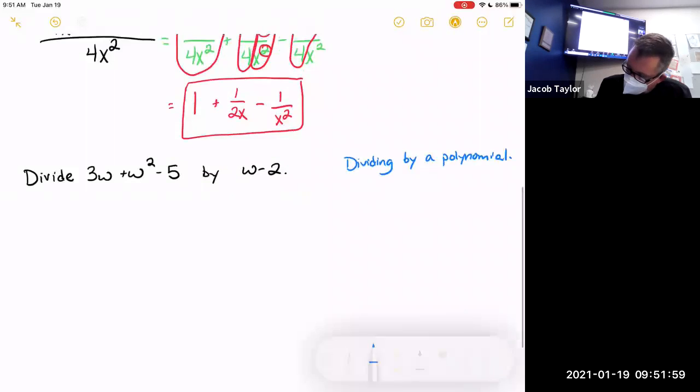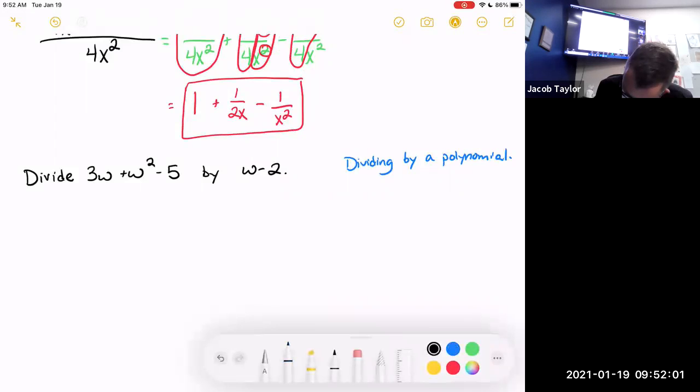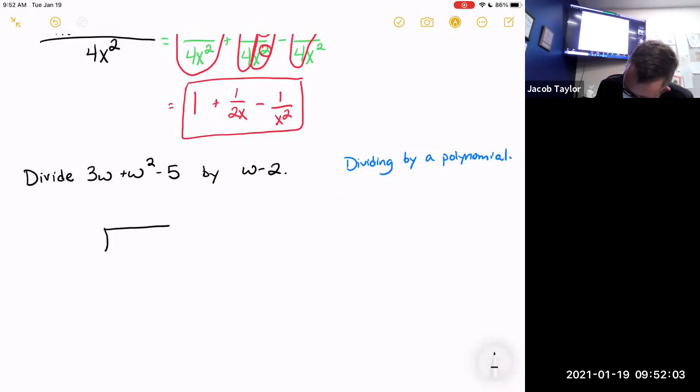So just like with our long division problem, that is such a good question. I bet your teacher's going to show you. Now, one of the things is the divisor here is in the wrong order.